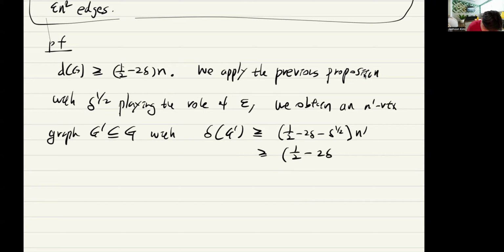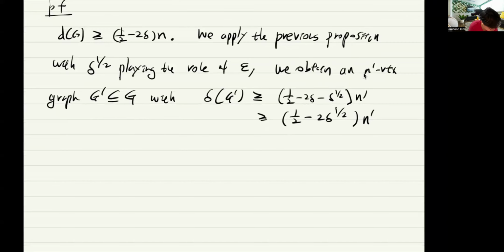And as delta is small, we can simply replace this lower bound with this.